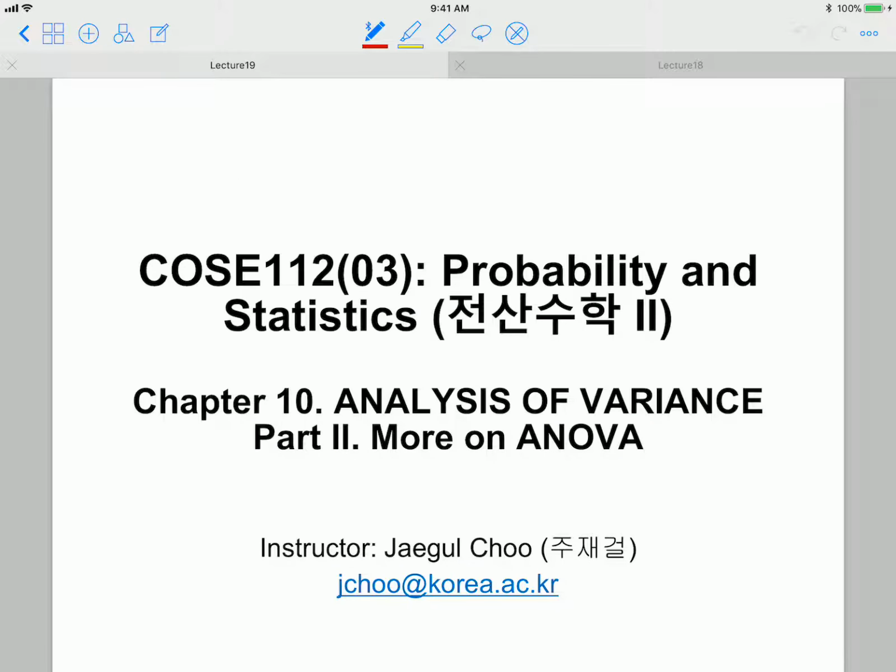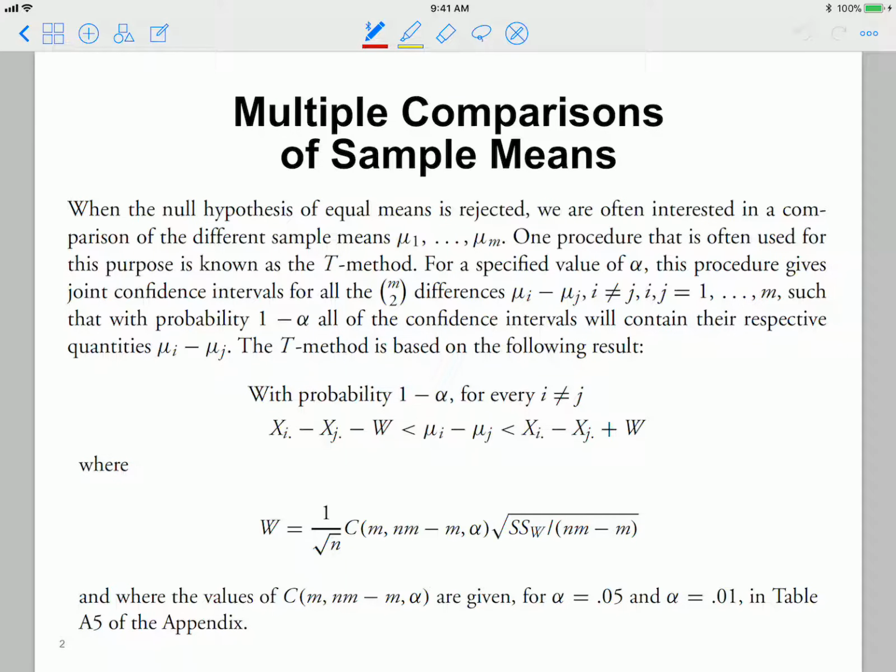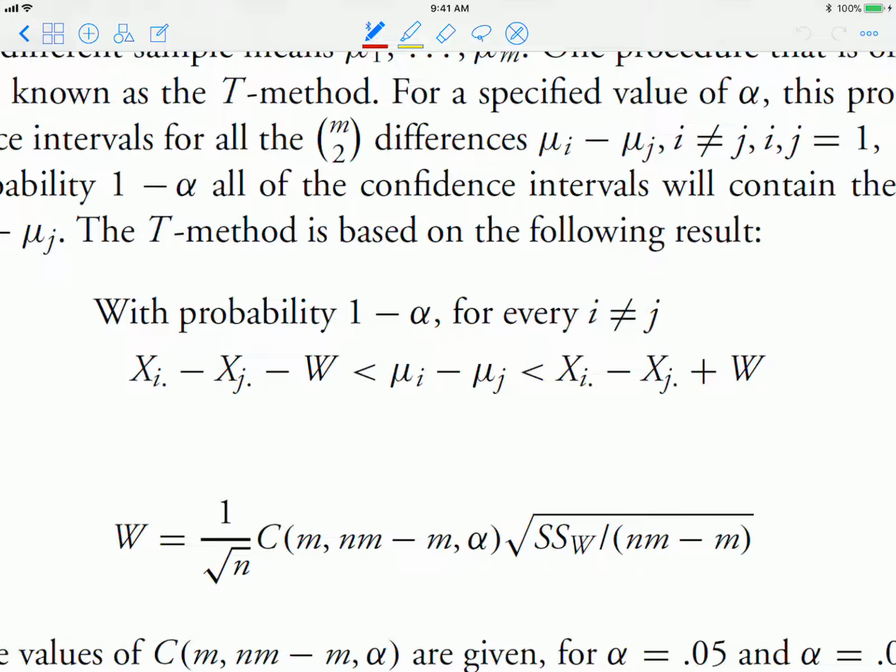Okay, so we will still focus on this exact same task, but in a slightly more complicated setting. The first setting that we will learn today is about some comparisons between the mean values.